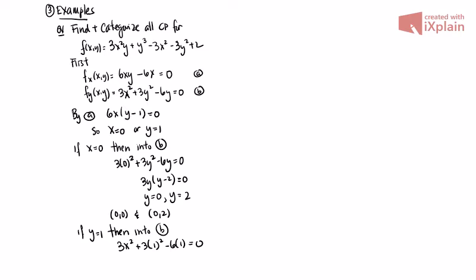So 3x squared plus 3 minus 6 is minus 3. Add 3 to both sides, divide by 3, and solve: x is plus or minus 1. So we get two solutions, (1, 1) and (negative 1, 1). Let's box these up so we remember them. These are the 4 critical points of this function.